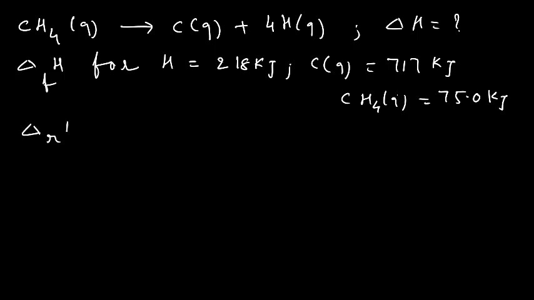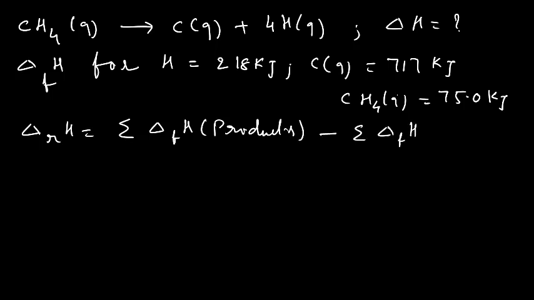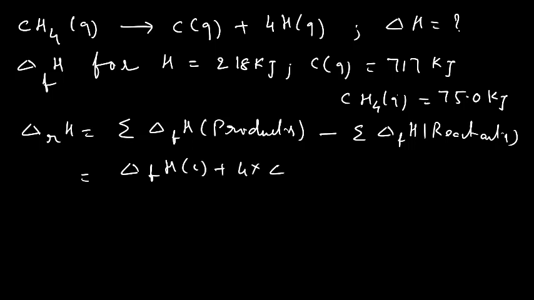Therefore, delta r H equal to sigma delta f H products minus sigma delta f H reactants. So in this, what are the products? Products are carbon and hydrogen. Therefore, delta f H of carbon plus 4 into delta f H of hydrogen minus delta f H of methane.